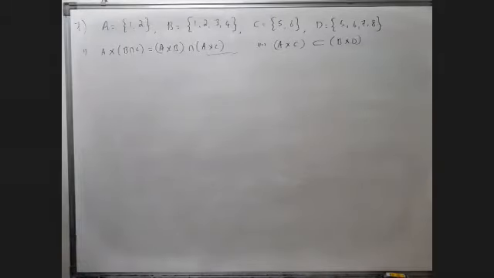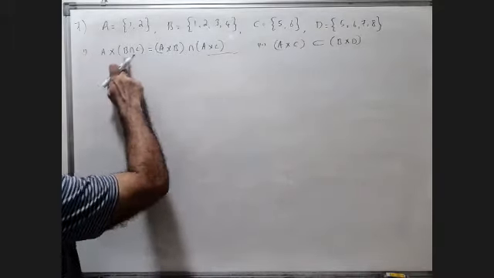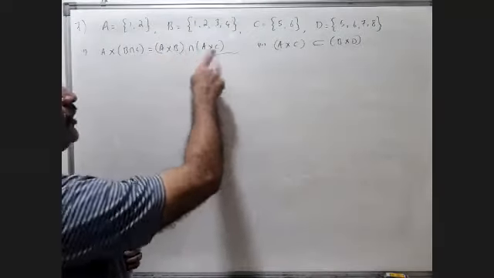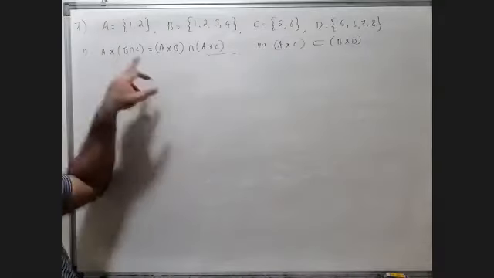We have two bits of verification. We need to check whether A cross (B intersection C) is equal to (A cross B) intersection (A cross C). It's very easy. Take LHS first.